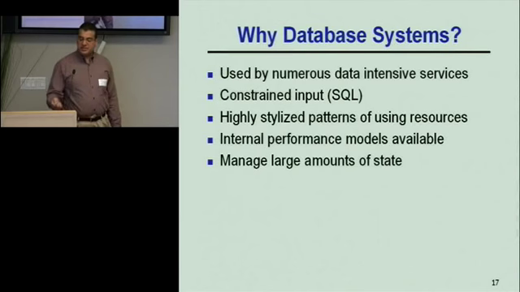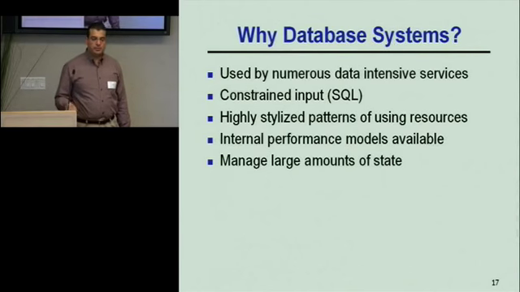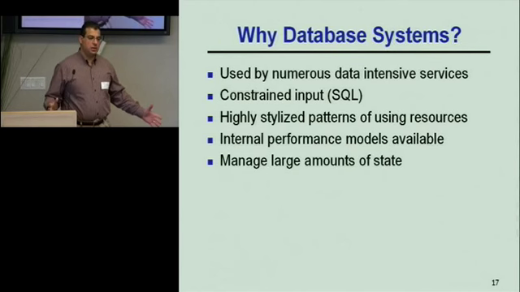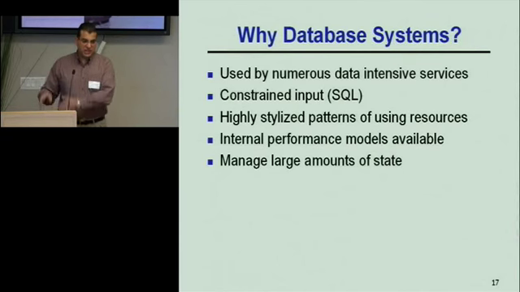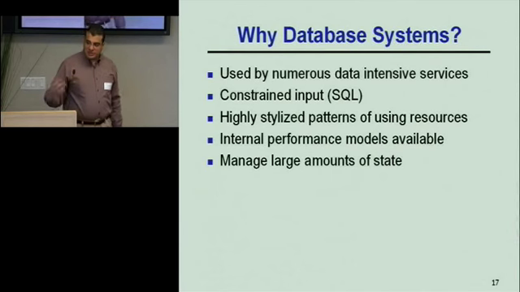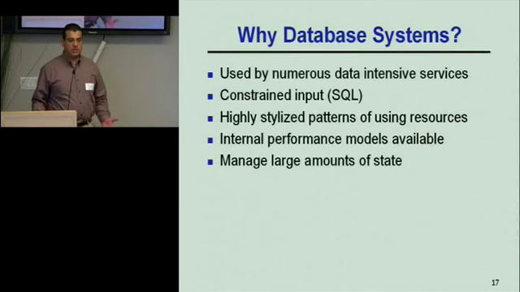Okay? And database systems also pose very interesting challenges because they manage large amounts of state. I'm not going to get into these challenges in this particular talk, but this is also an area of interest when you think of running a database system in a virtualized environment. How to deal with the massive amounts of state they manage.